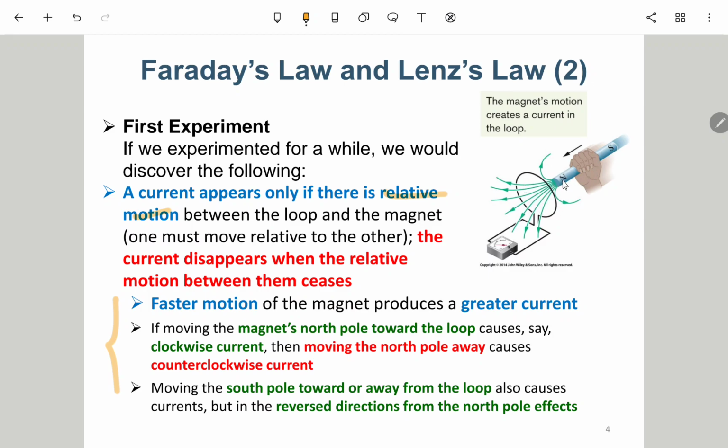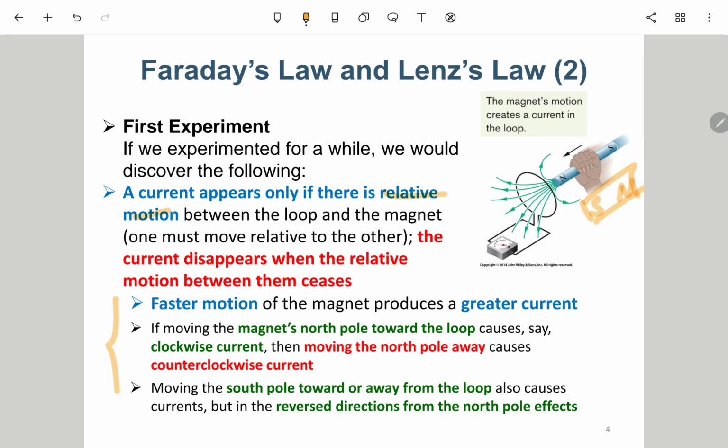If we move this north pole from far away to the loop, it will generate a current, let's say clockwise. Then we move this north pole away, then it will be counterclockwise. If we make it like this is S, this is N, moving it close to the loop, then it will generate counterclockwise current, and moving it away will generate clockwise current. So it is related to whether it's a north pole or south pole.